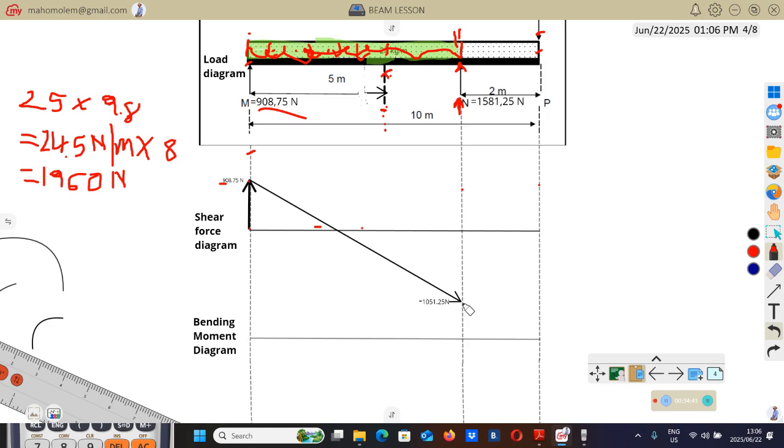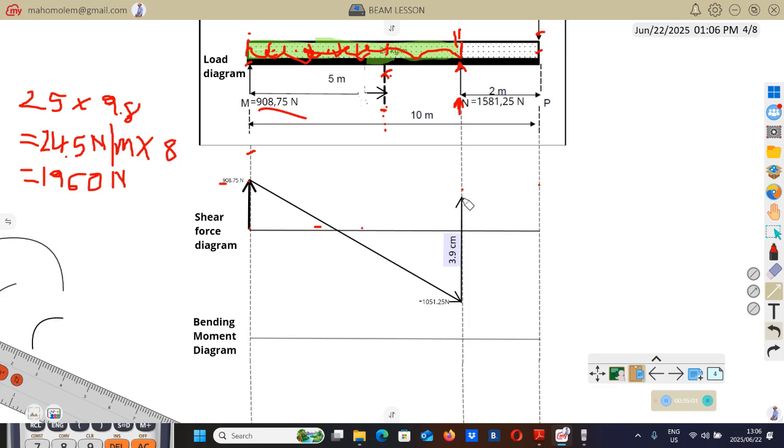That means here we're going to draw a vertical line going up, since this force is acting up. Then we're going to draw a line starting from here going up.